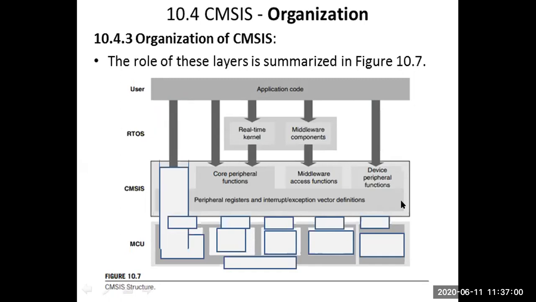The user can directly interact with CMSIS. For accessing registers and other ports, we don't need to use an OS, but for accessing core peripheral functions and middleware access functions, we need to use an RTOS through the real-time kernel and middleware functions, since this is embedded systems.